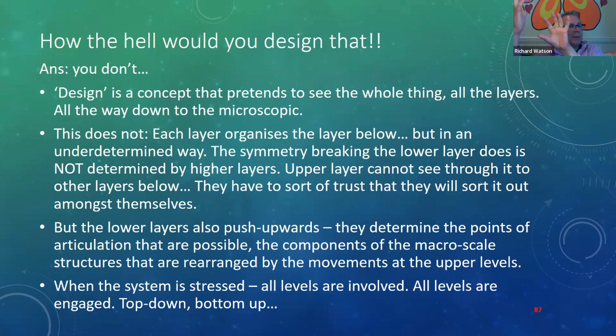The top level reorganization is pushing downwards on internal structures. But the bottom level is also pushing up and telling you what kind of movements are possible at the upper level. You can see that that happens automatically in the pylon, right?